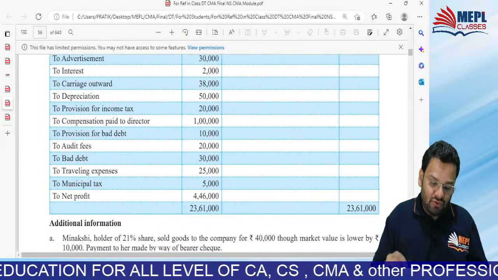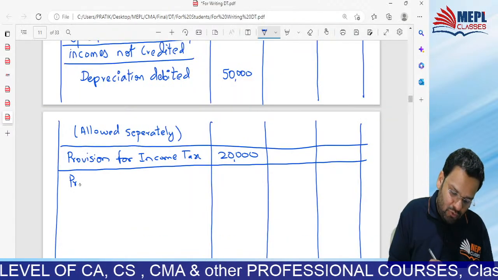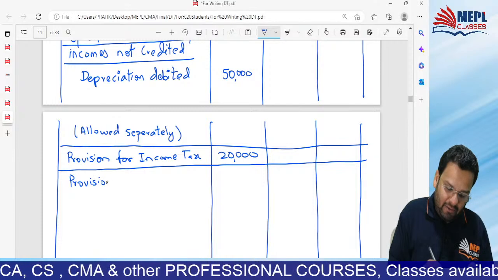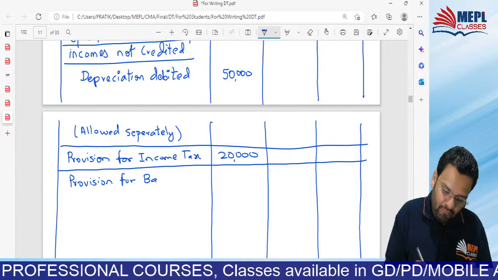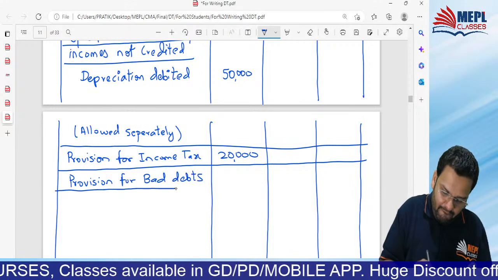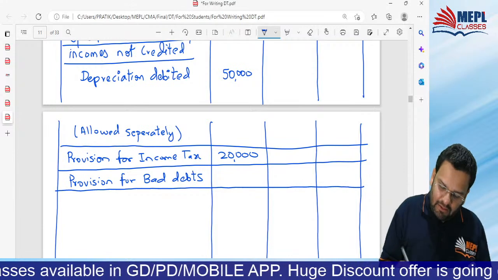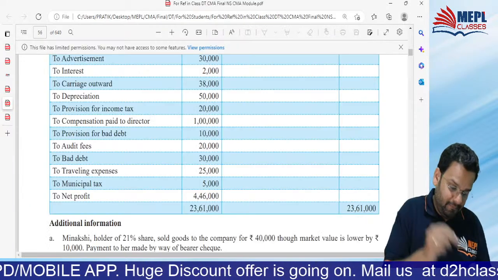Compensation paid to director is okay. Provision for bad debt. Entire provision for bad debt you have to add. So provision for bad debts is 10,000 rupees. Please add that 10,000.